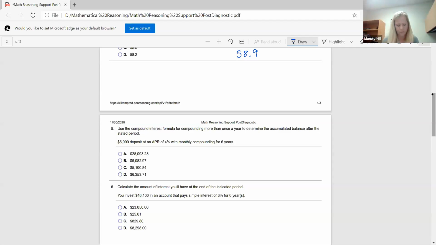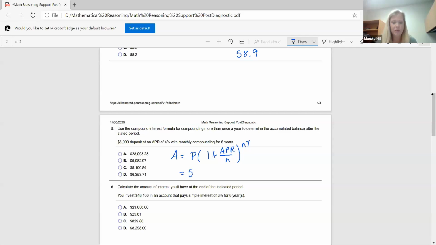Okay. So the formula that we want to use is A is equal to the principal times 1 plus APR divided by N, where N is the number of times it happens during the year, all raised to the N times Y, which is your number of years.